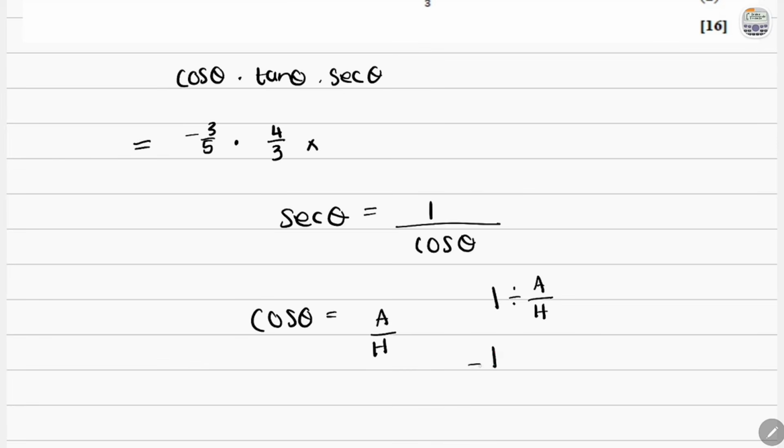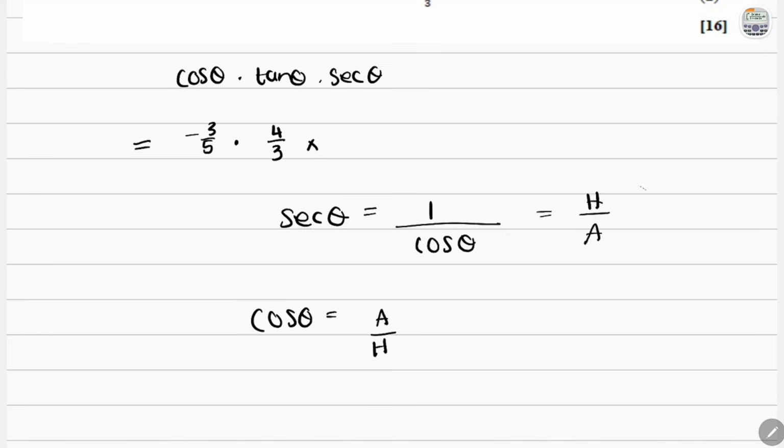We leave the 1 exactly the same, and then we tip this fraction, meaning swap the numerator and denominator. So it's now h over a. And then change the division to a multiplication. So this is just h over a. It just swaps. If cos theta equals a over h, then secant theta is h over a.